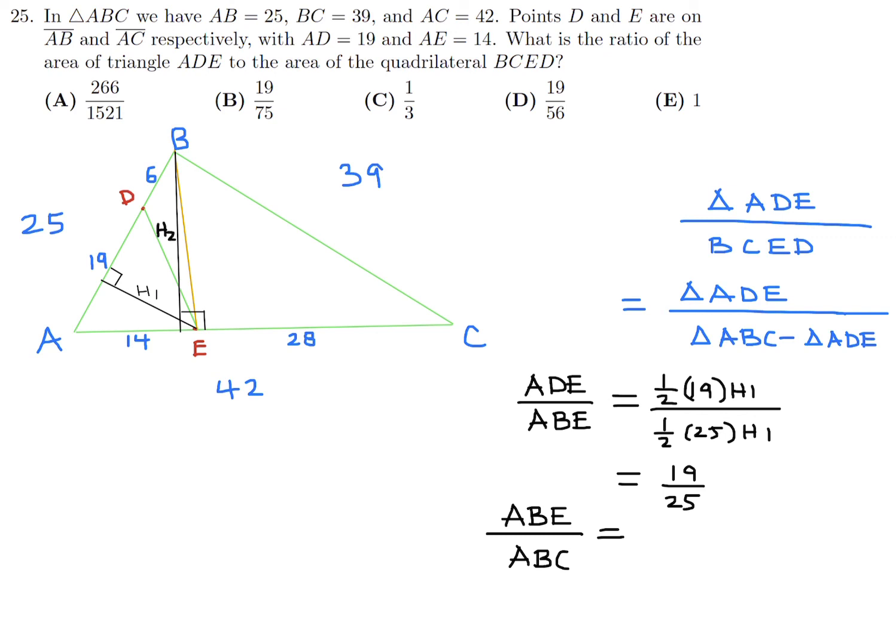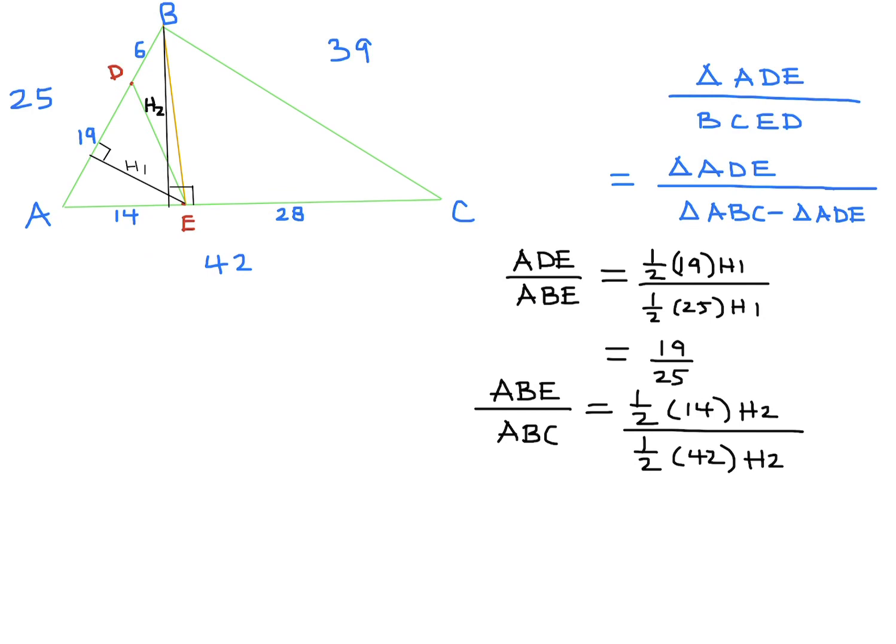So ABE, the base is 14, 1/2 base times height, height is H2. ABC, the base is 42, 1/2 base times height, and the height is H2. So in a very similar way, we get 14 over 42, which I think is 1/3, right? Yeah. Okay, great.